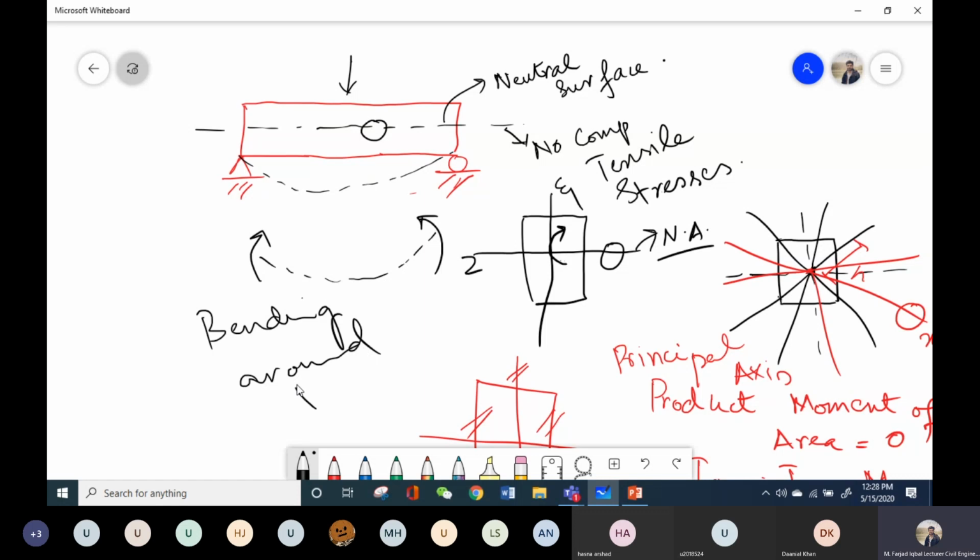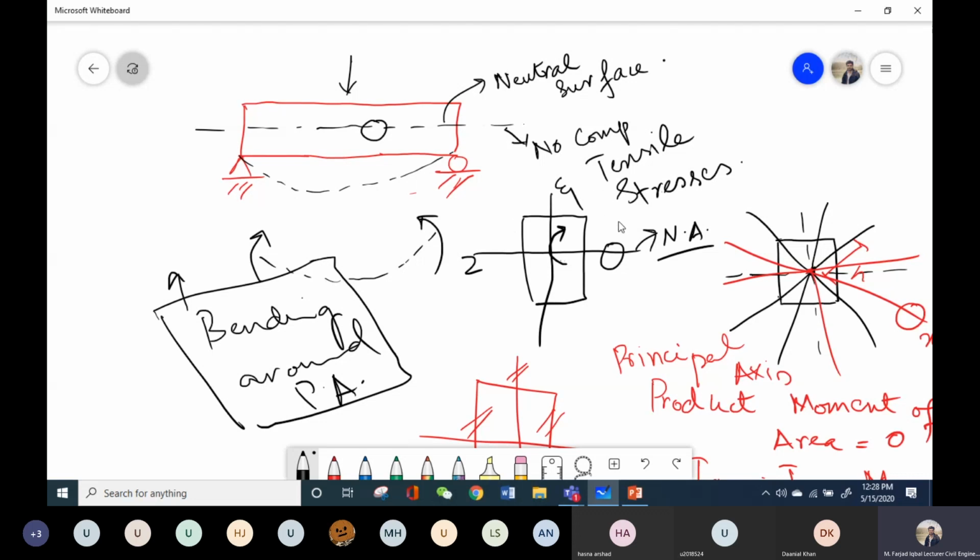For this case only, the flexural formula is valid: the bending must take place around a principal axis.